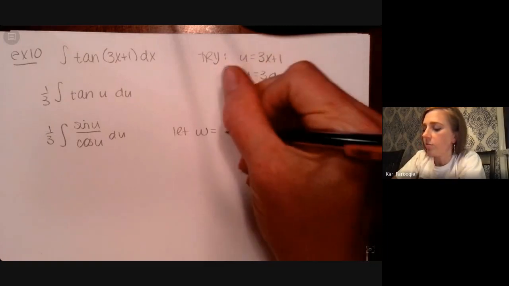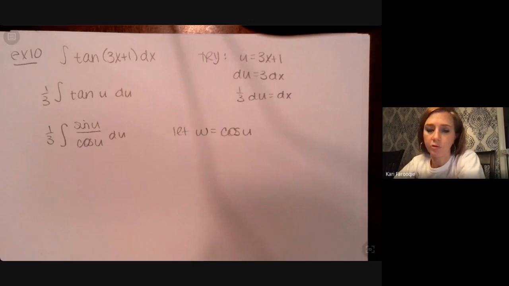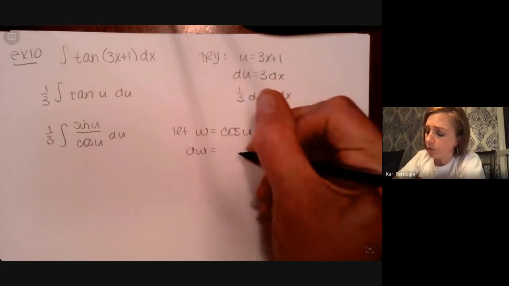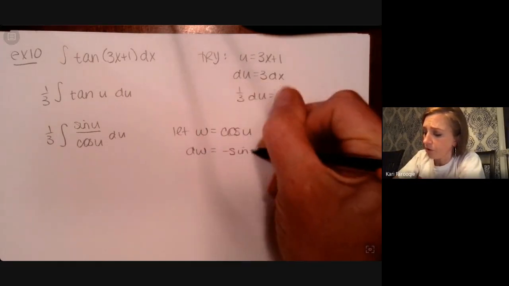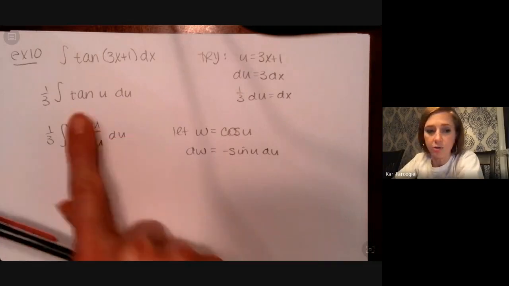We can say that w is your denominator, cosine u. And if you're wondering why I would do that, well, the derivative of cosine u is negative sine u du. And hopefully we're starting to pick up on this now. I have a sine u du.